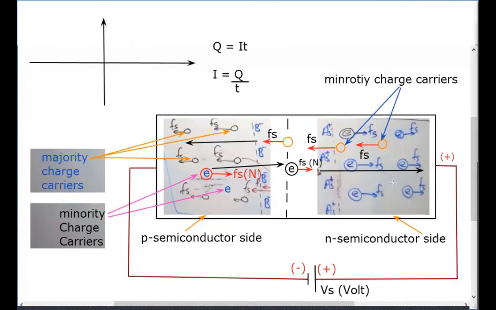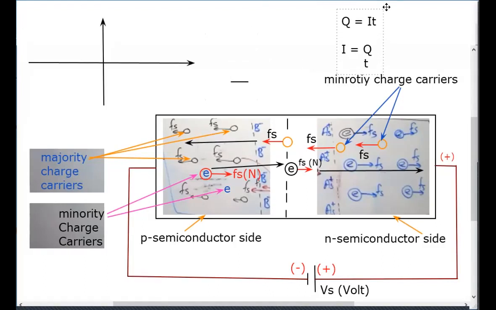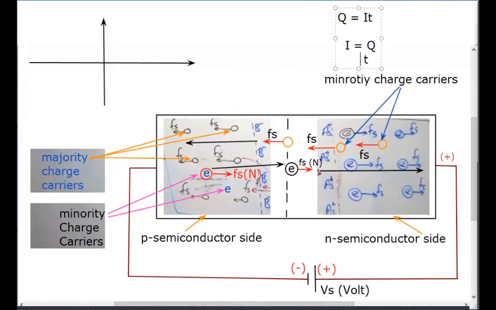Now, the direction of this supply voltage is reversed. If you check the circuit that we drew earlier and this circuit, the direction of the supply voltage was changed.